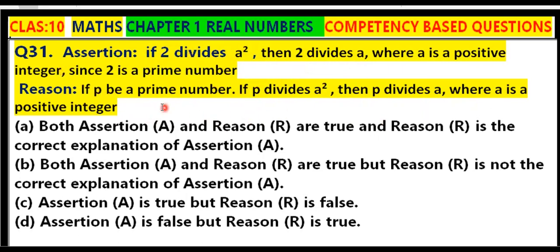So both are correct and reason is explaining the assertion. Both assertion and reason are true and reason R is the correct explanation of A. So A is the correct option.